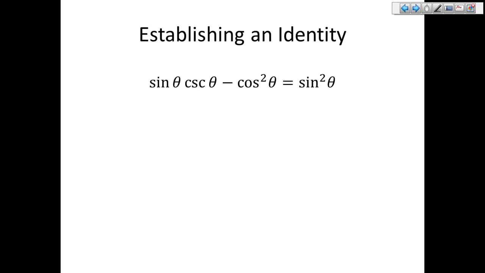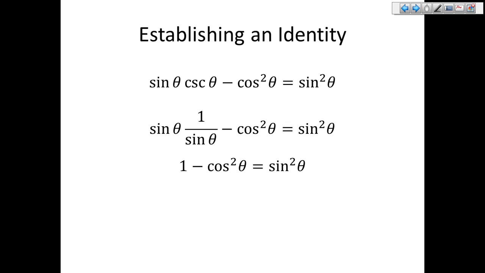I could replace 1 with sine squared theta plus cosine squared theta. But let's go ahead and choose to work on the left side, and let's change that cosecant into a 1 over sine. So I'm following my method here, replacing anything that's not a sine or a cosine with sines and cosines.